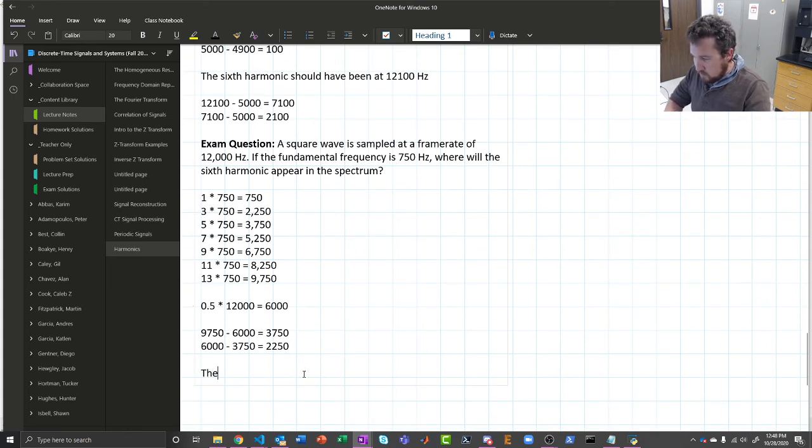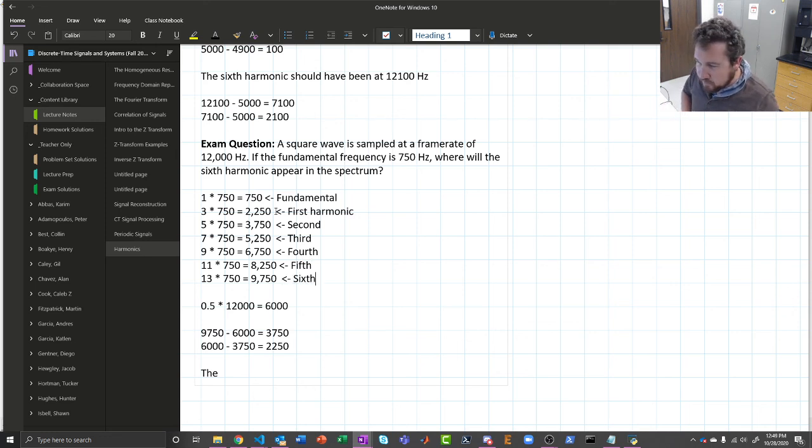Well, I miscounted because this one is the fundamental, the first one, which makes this one the first harmonic, the second, the third, the fourth, the fifth, and the sixth.